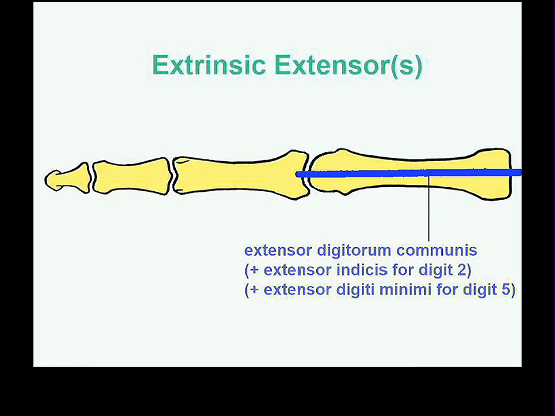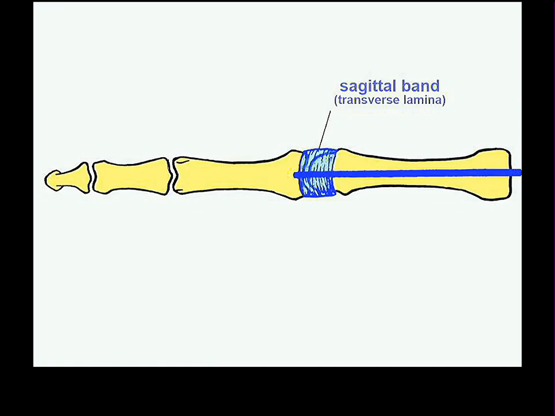They form a single tendon eventually, cross over the back of the metacarpal here, and at the level of the MCP joint, these connective tissue bands sweep out to the side from the extensor tendon and sweep around the sides of the MCP joint and eventually will attach to the palmar plate.